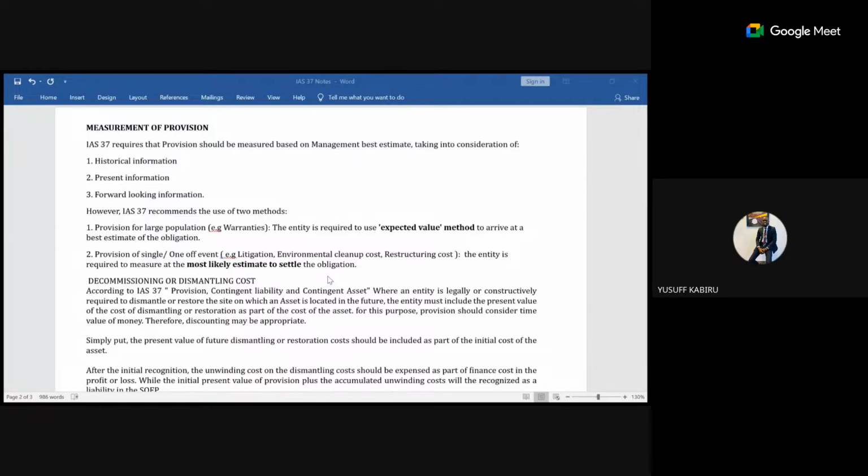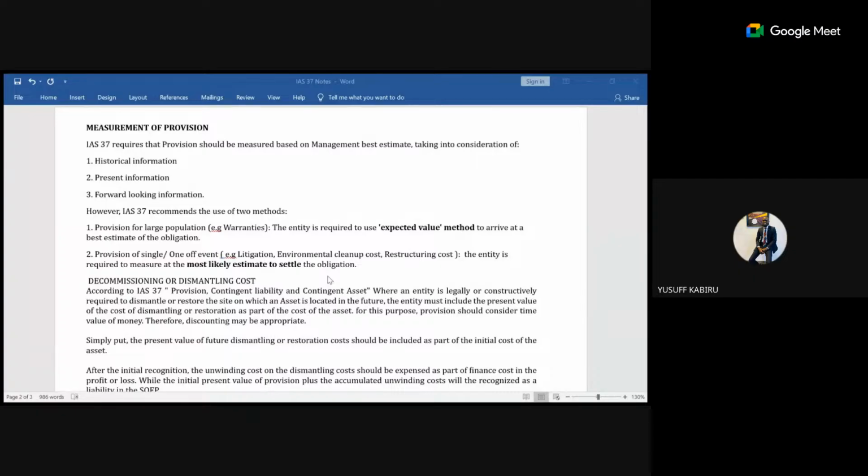Based on management judgment, taking into consideration historical information, what has happened in the past, present information, and forward-looking information. So generally, IAS 37 says there are two methods of measuring provision.